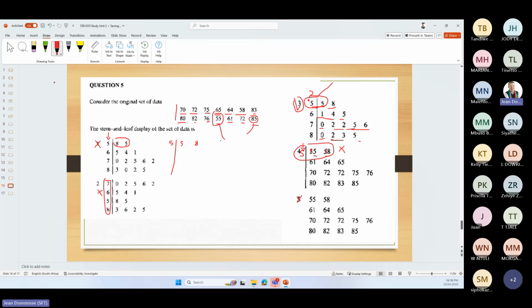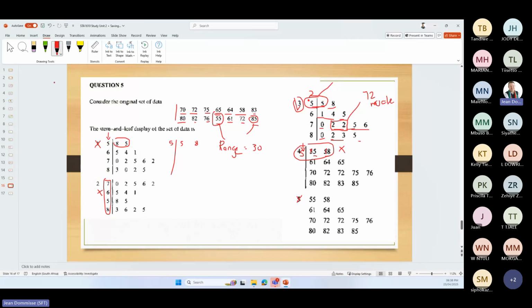So if I want to get a range, next study unit, it will be 85 minus 55, which is 30. Then something we call the mode, the number that appears the most in a data set: the only number that appears twice is the one in the middle, 72. So that would be the mode. But those are all things that we will do in the next study unit.